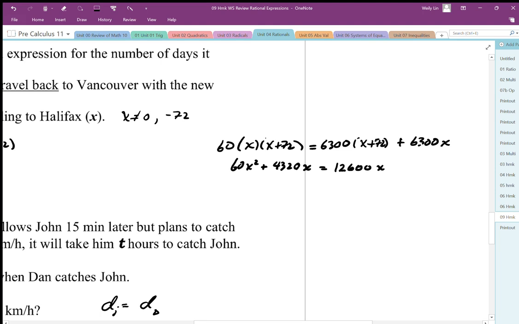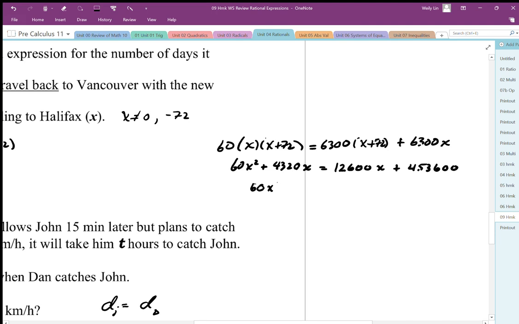And then the 6,300 times the 72 gives us 453,600. Then I'm going to make this equal to 0 and solve using the quadratic formula.